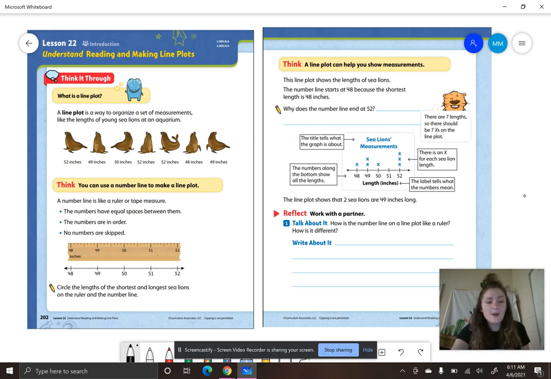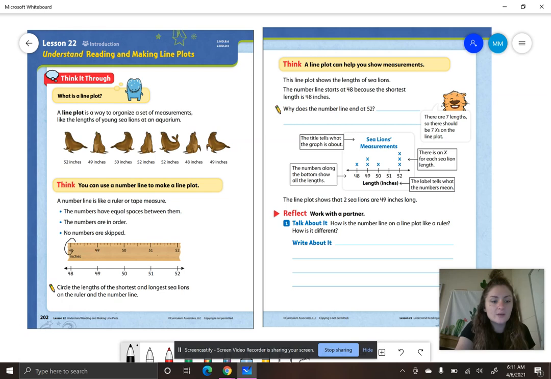At the bottom it says circle the lengths of the shortest and longest sea lions on the ruler and on the number line. The shortest would be 48 inches.